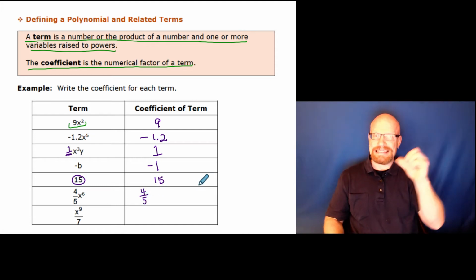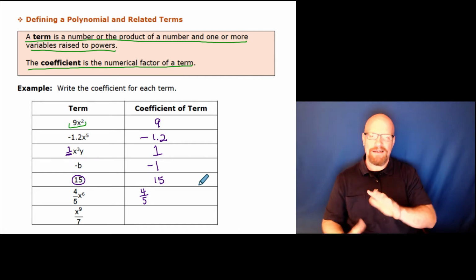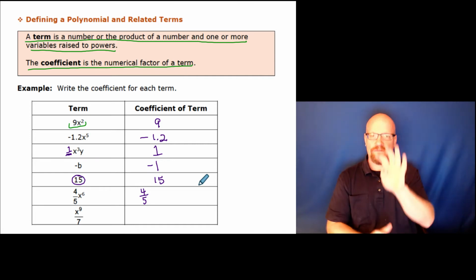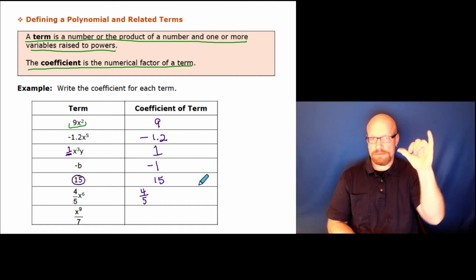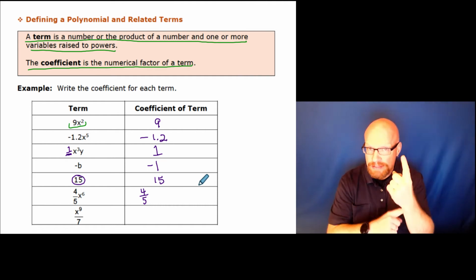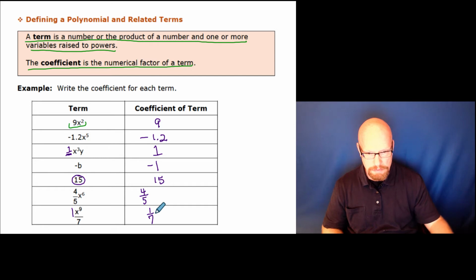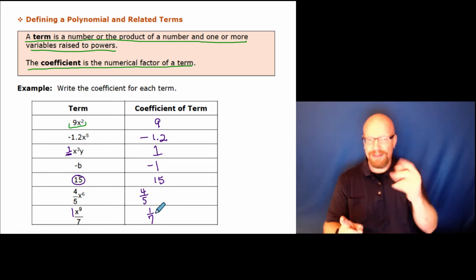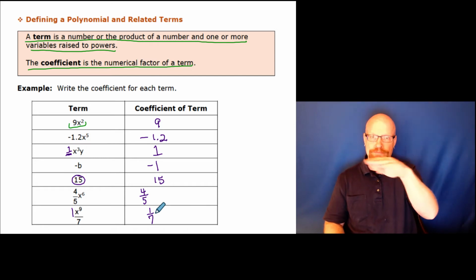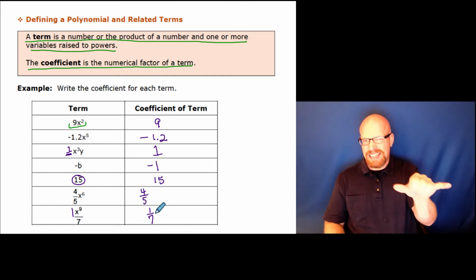Now 4/5. The x to the 6th power is not with the 4 only, or with the 5 only. It's 4/5 x to the 6th power. Now the last one. One-seventh. It's written differently. It's x to the 9th over 7.